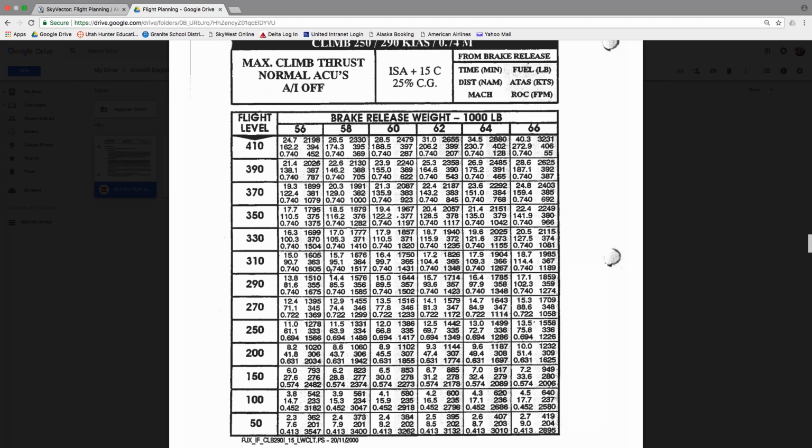So just take your landing weight plus 300 pounds, because almost all of your descent charts will be about 300 pounds. Do your landing weight plus 300 pounds for your top of descent, and that'll get you pretty close to where you should be.